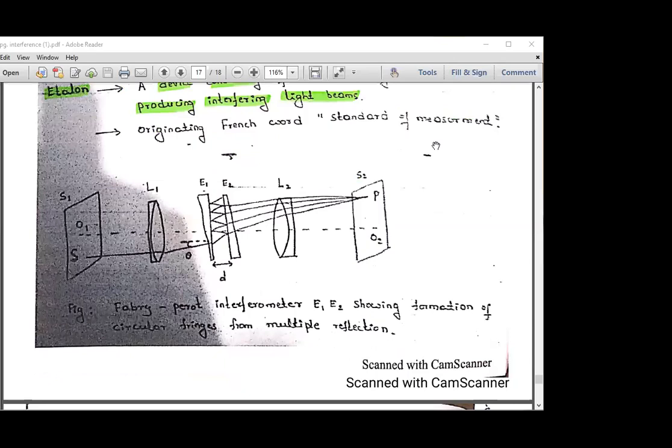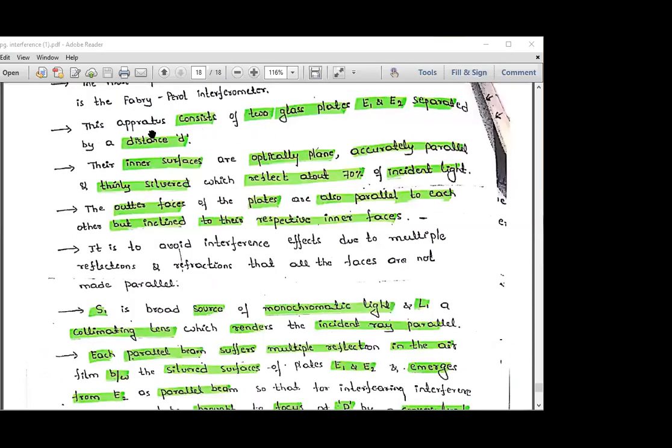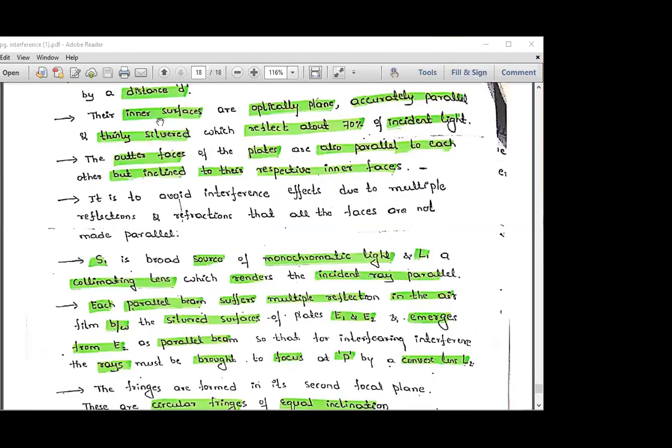Now, the apparatus of the Fabry-Perot interferometer consists of two glass plates, as we know. The inner surfaces are optically plane and exactly parallel to one another.